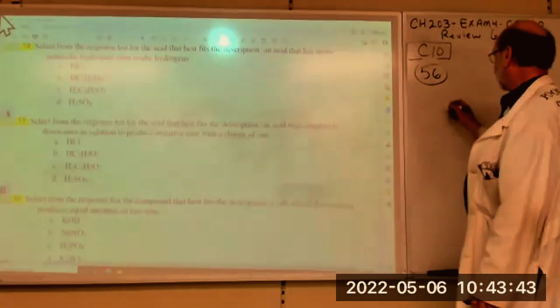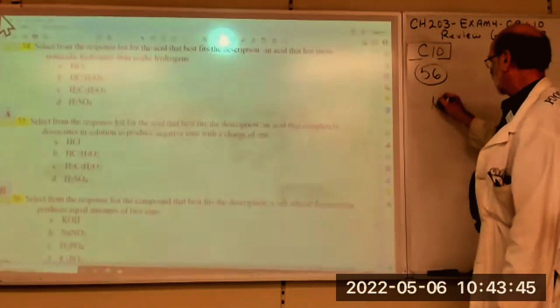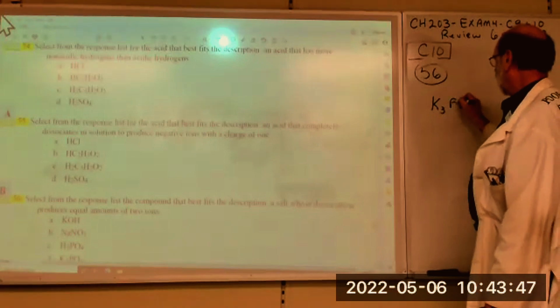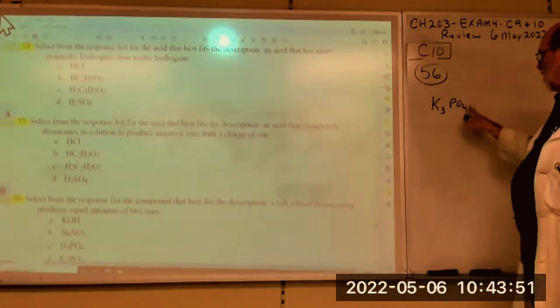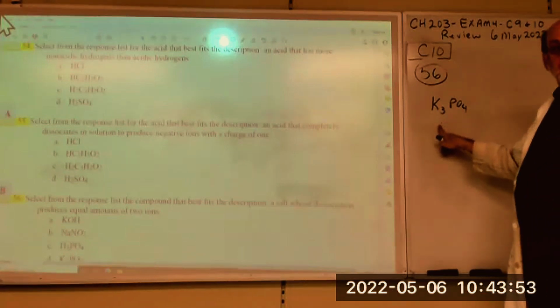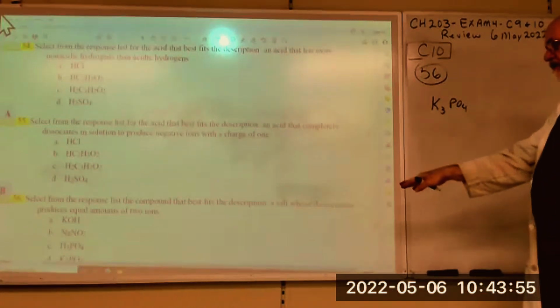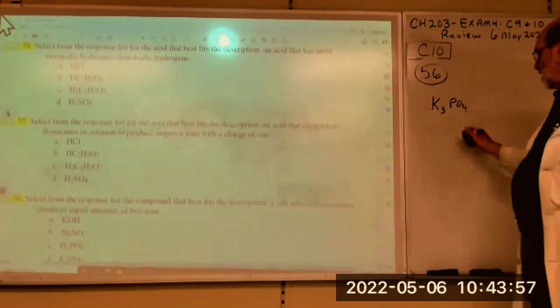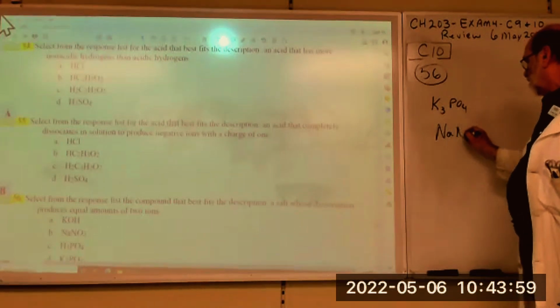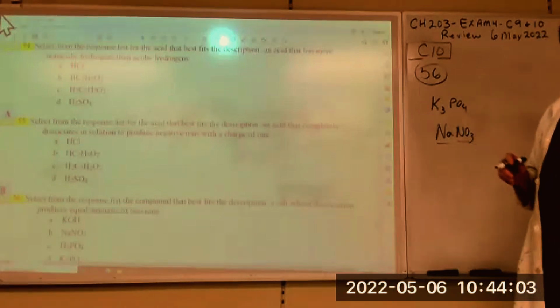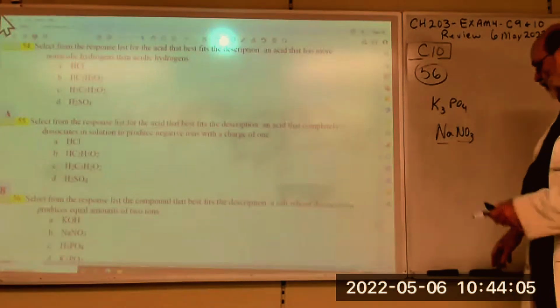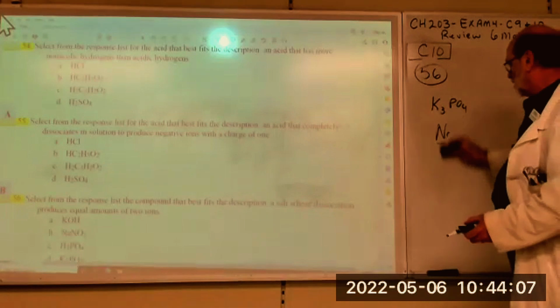Well, K3PO4, which is kind of off screen there. K3PO4, how many ions does it produce? Well, it produces 1 anion, but 3 cations. So that's not equal. But this one produces 1 of these and 1 of those. That's equal. So B is the answer.